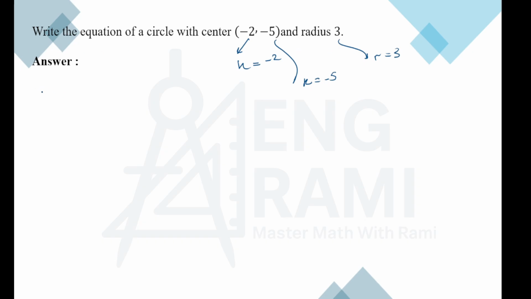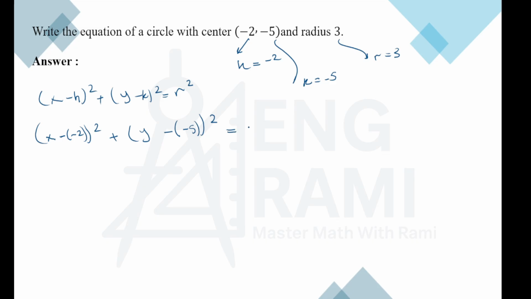The equation of the circle is x minus h all squared plus y minus k all squared equals the radius squared. x minus negative 2 all squared plus y minus negative 5 all squared equals 3 squared.